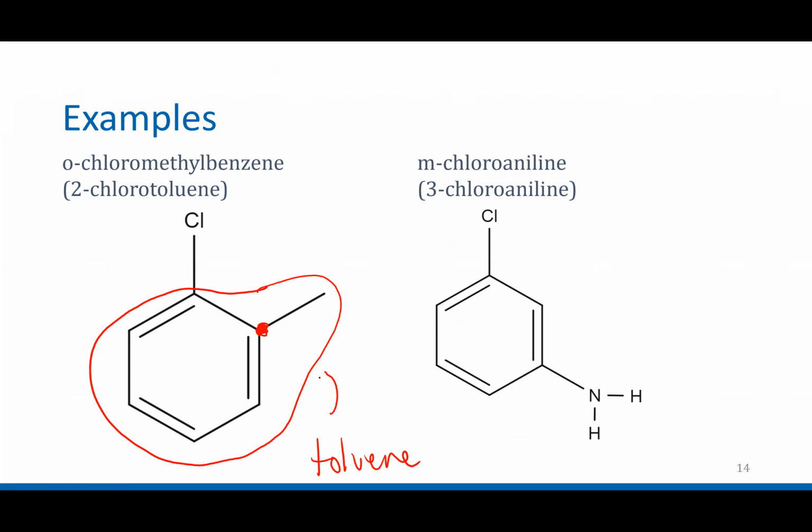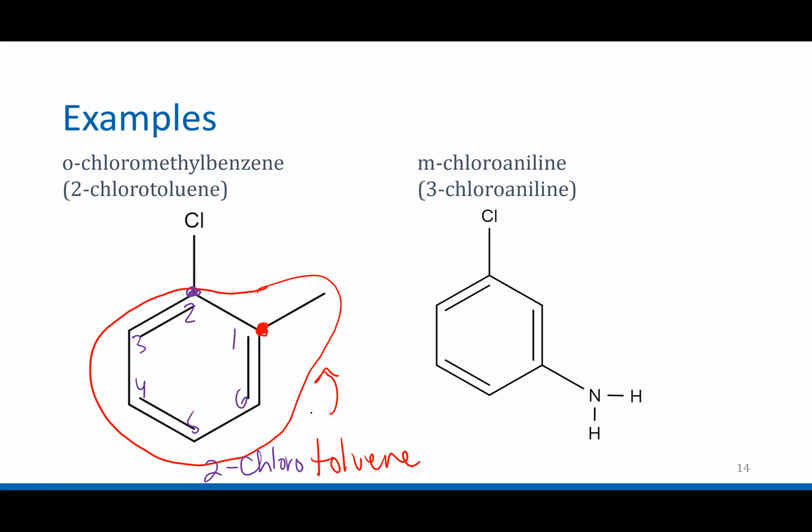I've named this toluene. Well, I notice on my second carbon, I have a chloro. So I could call this 2-chlorotoluene. It's a little challenging, but we're going to practice some more of this. So don't worry for the people who are here today.